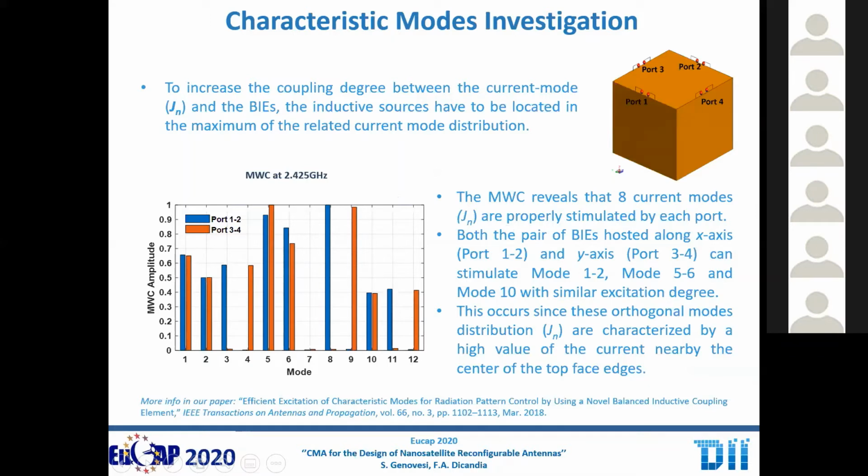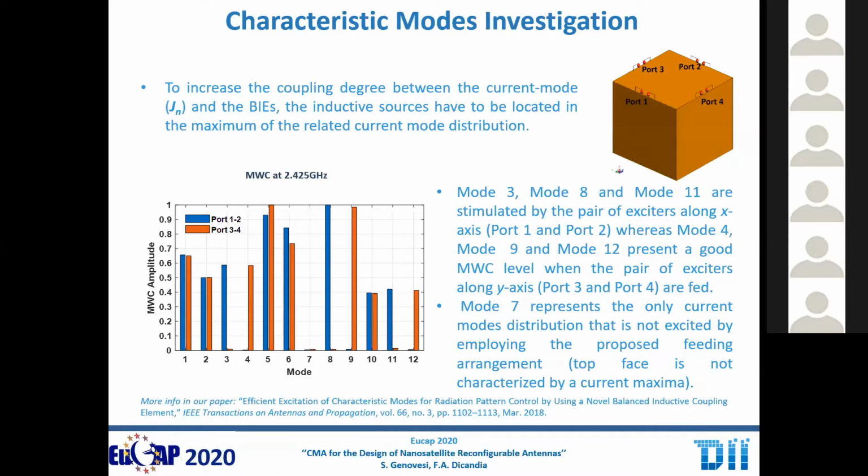Then if we use, for example, only the couple of port 1 and port 2, again with proper phasing, we can excite modes 4, 9, and 12. And similar things, modes 3, 8, and 11. And then if we use ports 3 and 4, we can excite modes 4, 9, and 12.